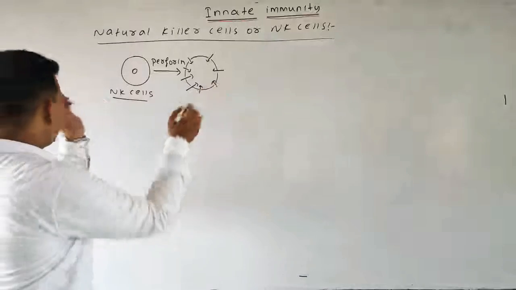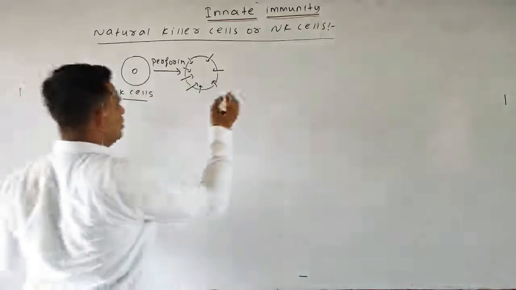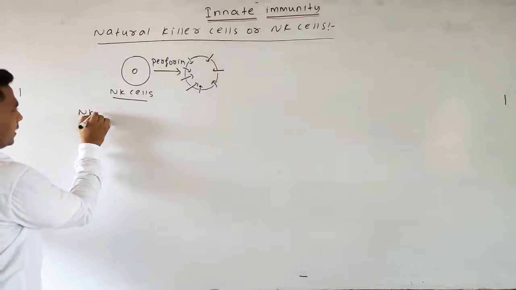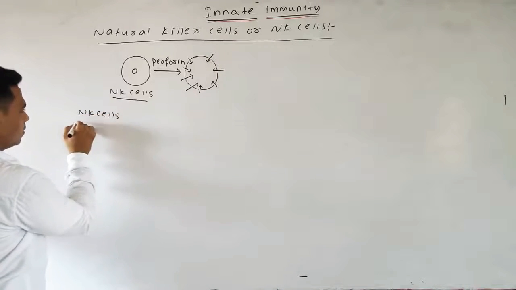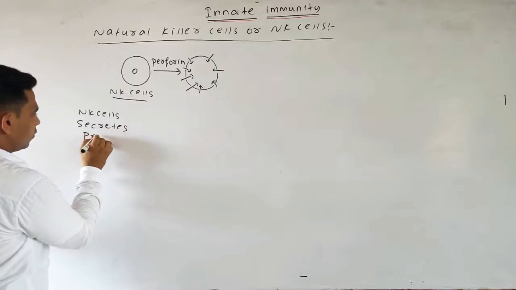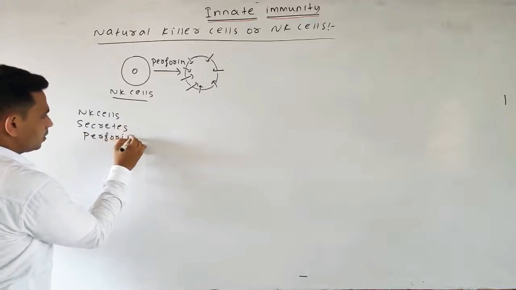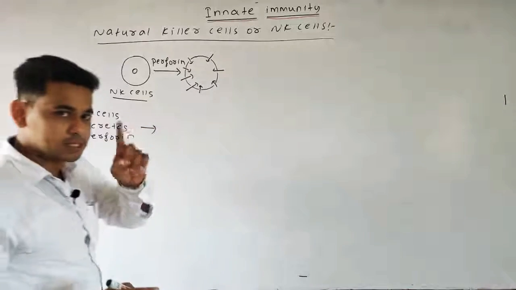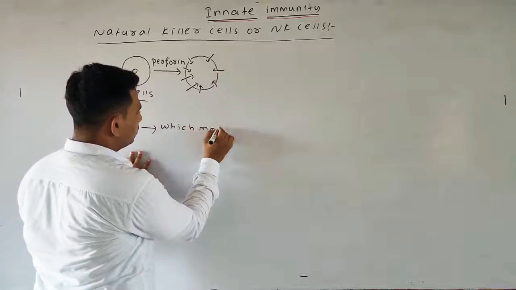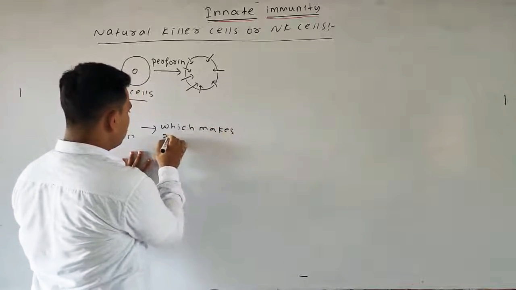Okay, so what we can write for some points. Suppose the NK cells secrete perforin, which makes pore.